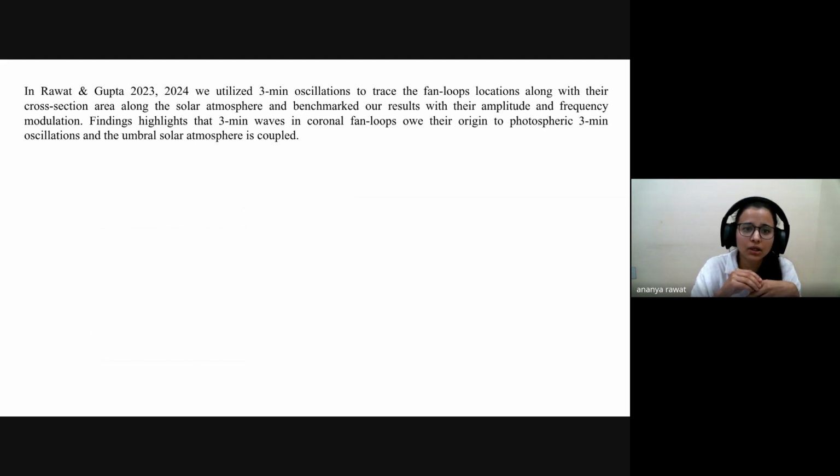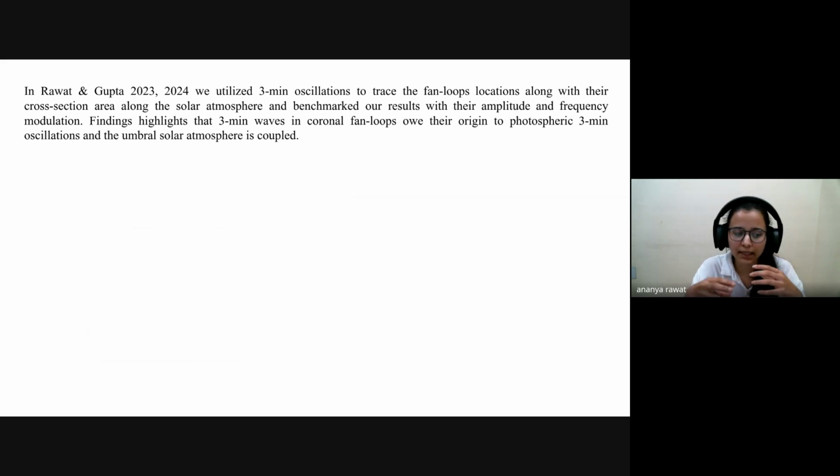To summarize this work, we utilized the 3-minute oscillation to trace the fan loop location along with their cross-section area along the solar atmosphere, and further benchmarked our result with amplitude and frequency modulation. So this work highlights that 3-minute waves in the coronal fan loop owe their origin to the photospheric 3 minutes, and the whole umbral solar atmosphere is coupled.